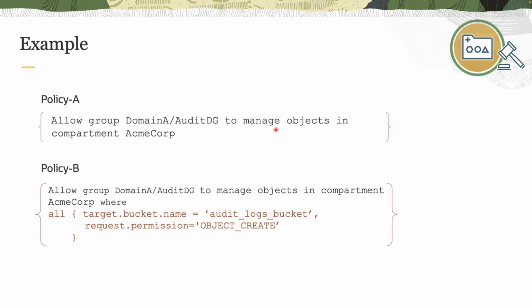First, we will limit it to a specific bucket by giving target.bucket.name and the bucket name, so that audit group can only deal with this specific bucket. You can also limit permissions by giving only create permission, so that they cannot update or delete any bucket in this particular compartment. In this way, we have limited access to a specific bucket and to a specific permission.